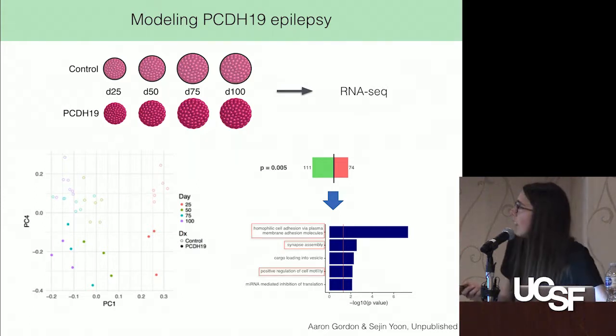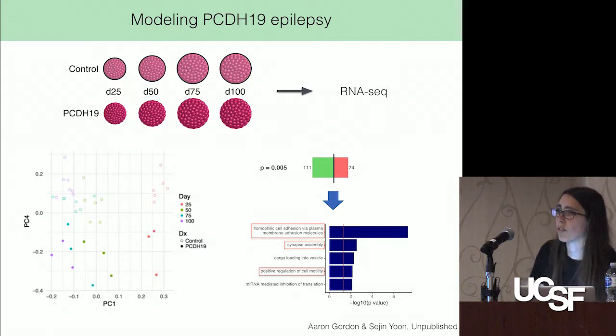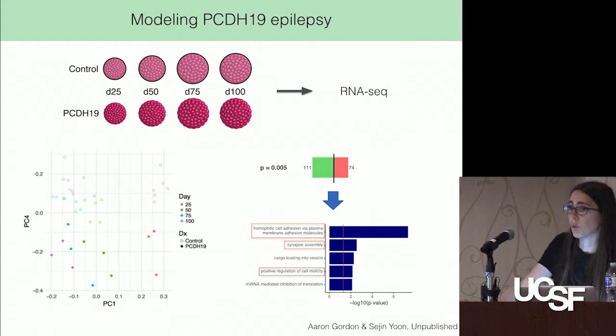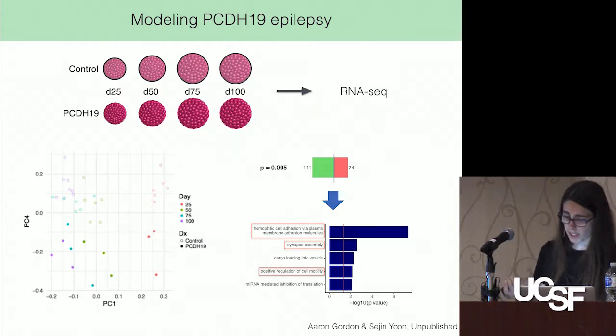It was very exciting to find that the first term that comes up is homophilic cell adhesion, which I guess is not unexpected. But the other terms that come up are also very interesting: synapse assembly and positive regulation of cell motility.